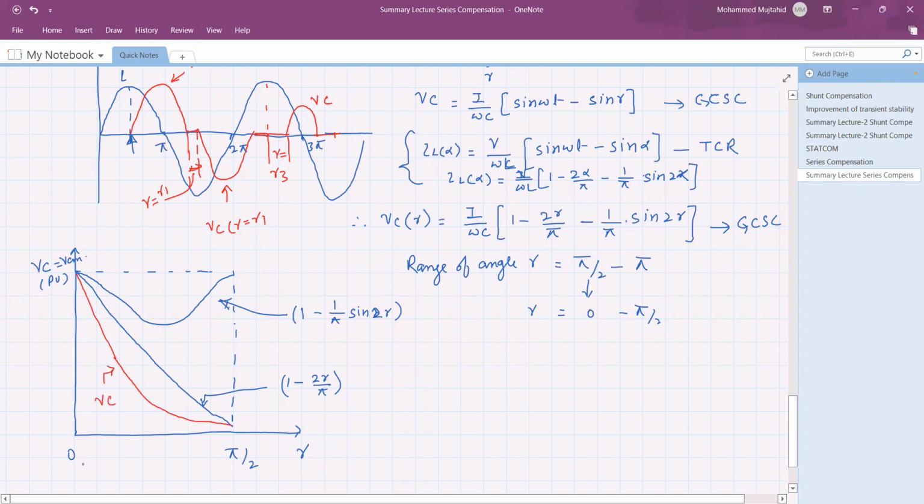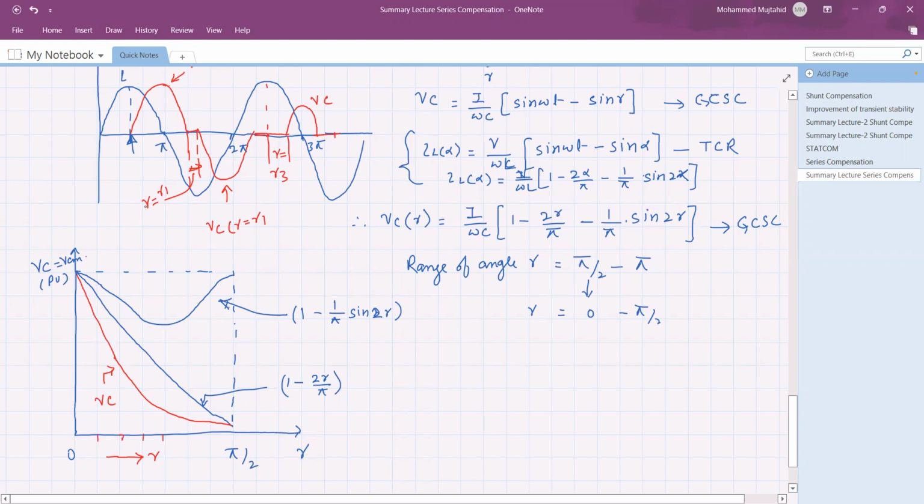So when gamma is equal to 0, the voltage across the capacitor is maximum, or its rated value. As gamma is increasing in this direction, say 10 degrees, it may be 20 degrees, 30 degrees, 45 degrees, and so on, the voltage across the capacitor decreases.